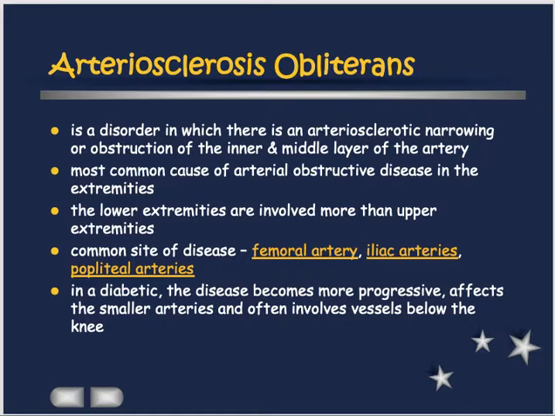As the name shows, there is atherosclerosis, which is blocking the flow of blood. This is the most common cause of arterial obstruction in the extremities, and the lower limbs are more involved than the upper ones. The common sites are the femoral arteries, iliac arteries, and popliteal artery. In a diabetic, the disease becomes more progressive and affects the smaller arteries, often the vessels below the knee.